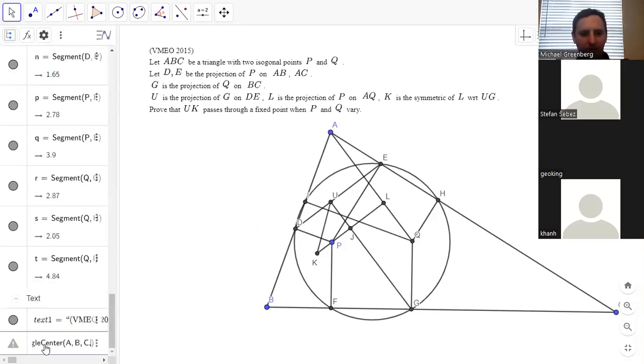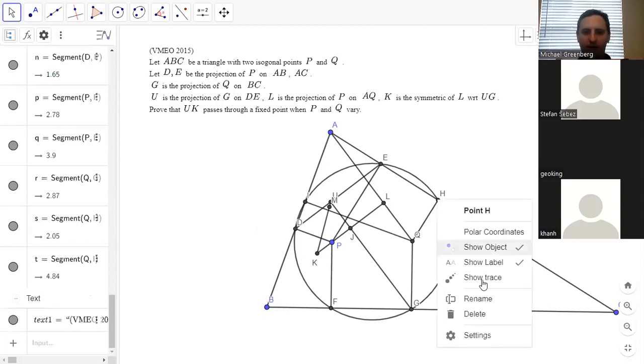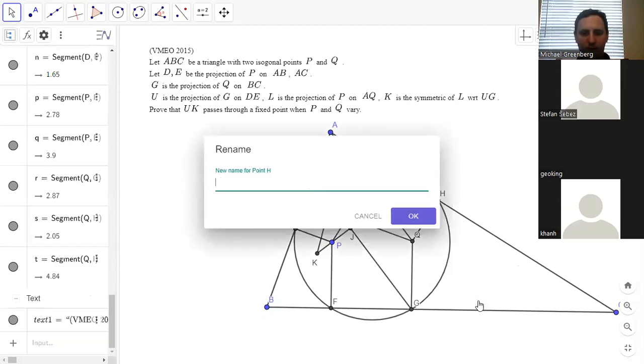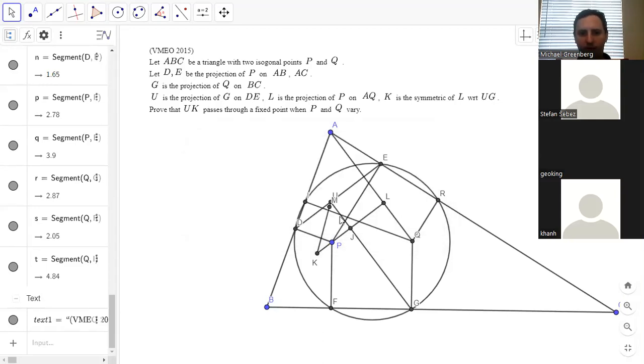All right. A, B, C, 4. Yeah, I should probably call this something different. Call that H. Call it L. Or no. Call it R. I think that should be okay.